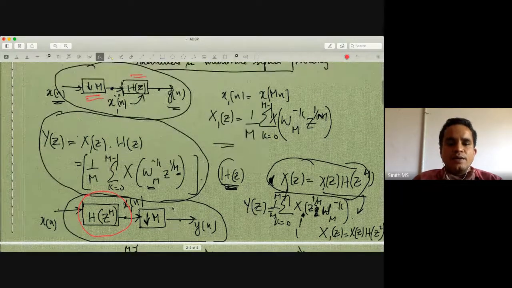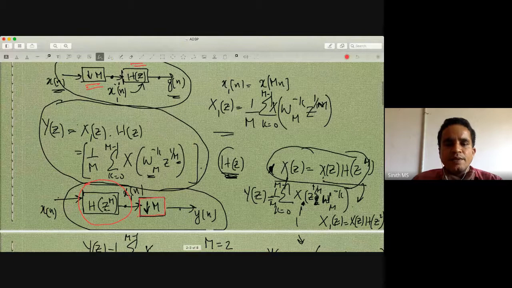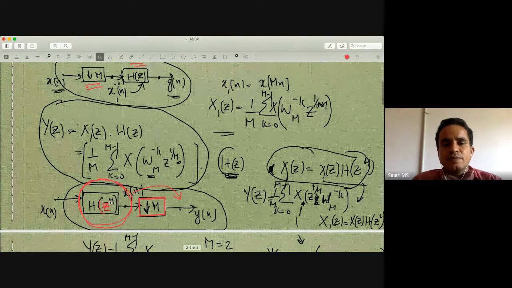So in effect, if you have a downsampler somewhere and you have a filter following it, you can take that to the other side by changing z raised to M as z, or z raised to 1/M, which makes it H(z) itself.